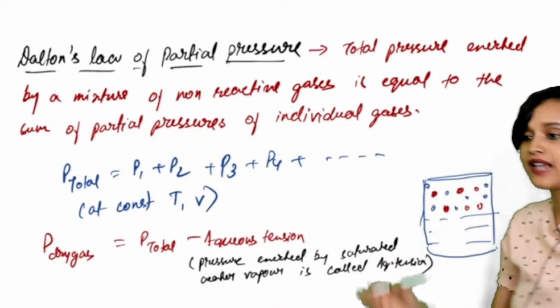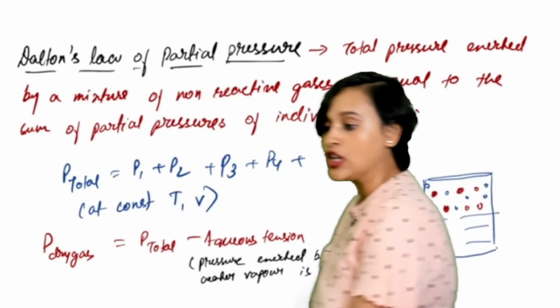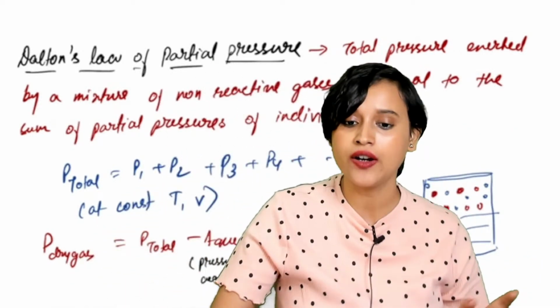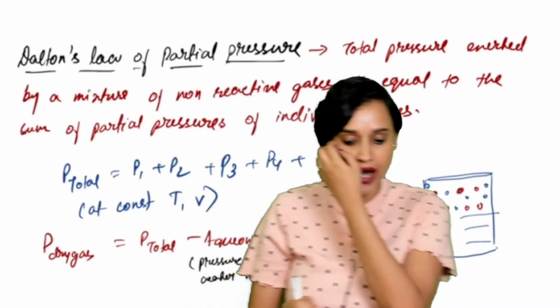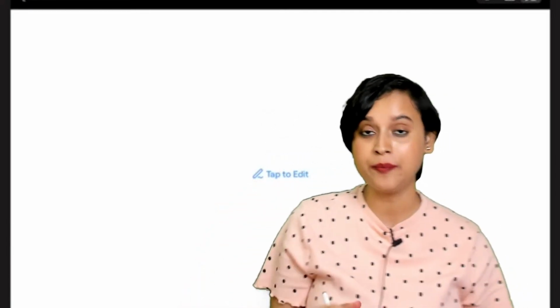Now check it out, everybody. Do you all understand this? Great. So these are the basics of your solution chapter that you are learning right away. Now tell me something: what if I want partial pressure in terms of mole fraction?